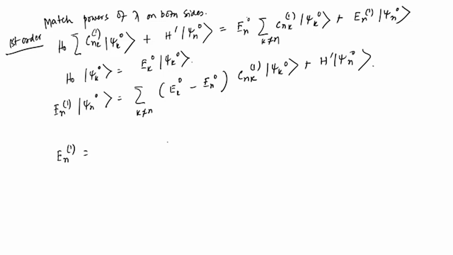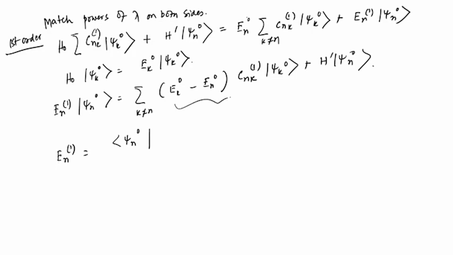This is equal to, so this is psi n 0. Now, if you take an inner product on the left hand side, the psi n 0 will give you 1. So, you are left with E n 1, that is the first order correction to energy on the left hand side.